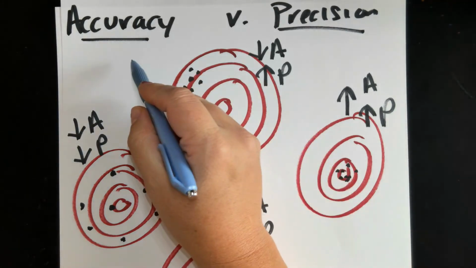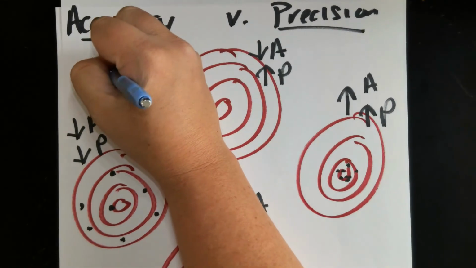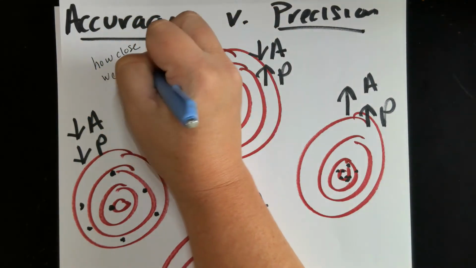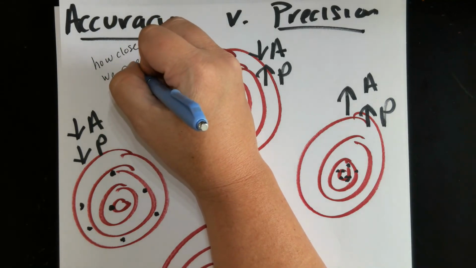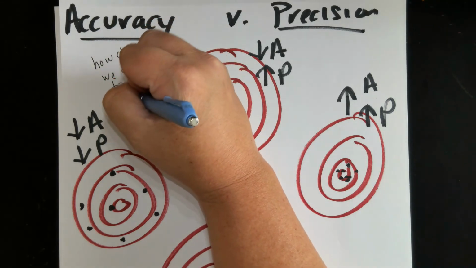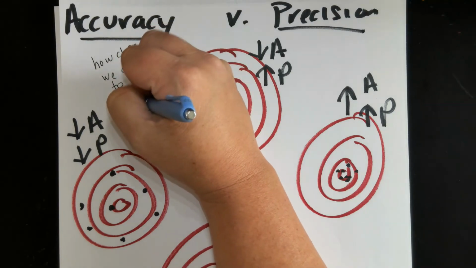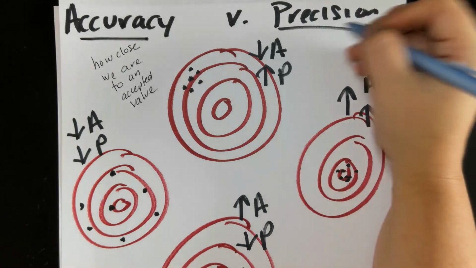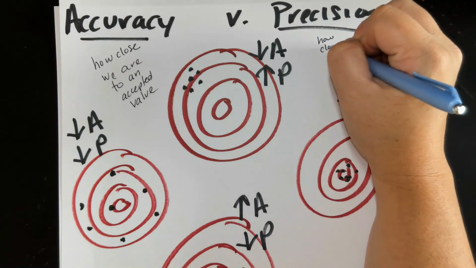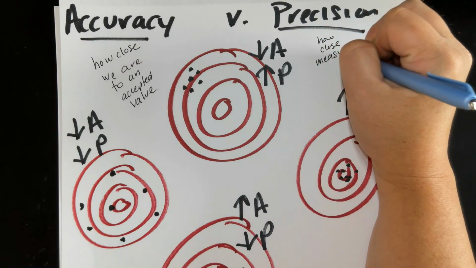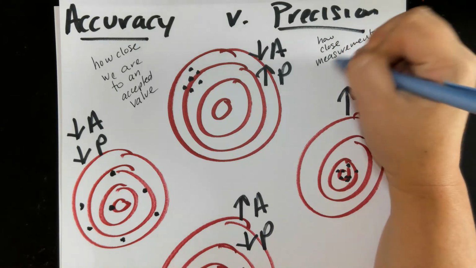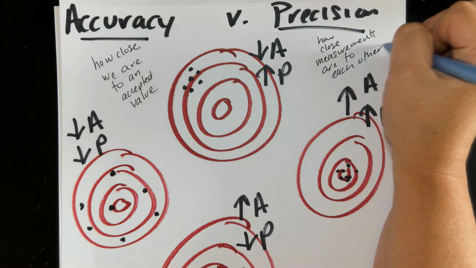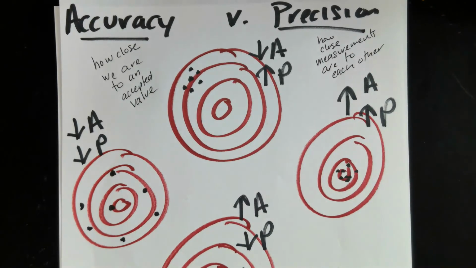Accuracy is how close we are to an accepted value, and precision is how close measurements are to each other. Okay, how close they are to each other.